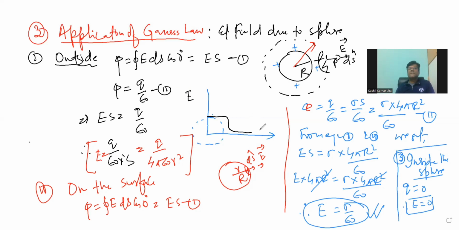This is electric field and this is R. From the center to this value, electric field is constant, means this is for the second case, in that electric field is sigma by epsilon naught. So no variation with the distance up to the surface of this sphere. When we move beyond, which is first case, then 1 upon r square, so parabola kind. And inside, if you go, it's 0. So it represents the graph of E versus R for the sphere.